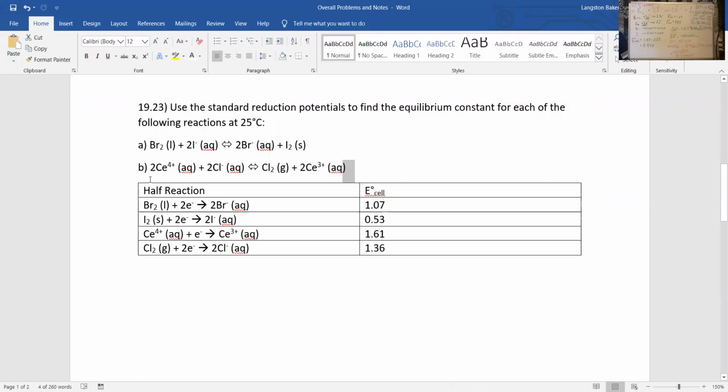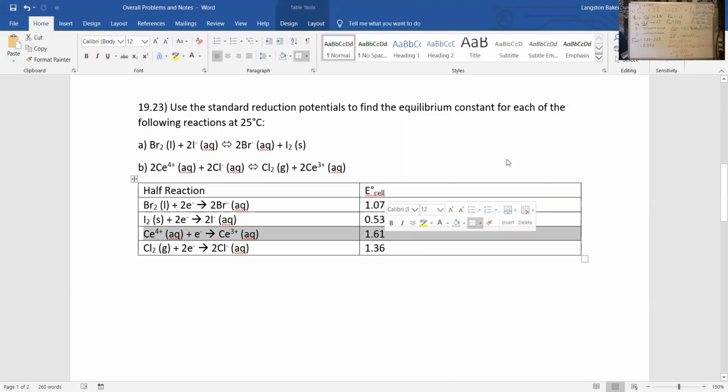Kind of, a little. Everything is basically going to be the same. The only difference is which E-cells you pull. And then the question becomes, okay, in here I have 2 Ce4+ and then 2 Ce3+, but in my reaction I only have 1. So do I need to do anything to my E-cell? That's the question, right?